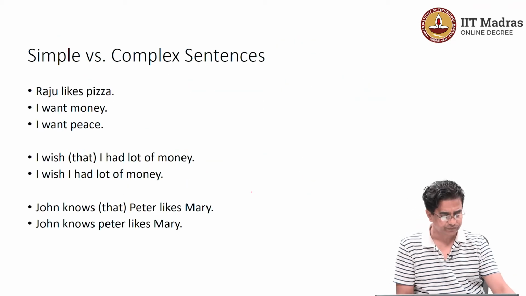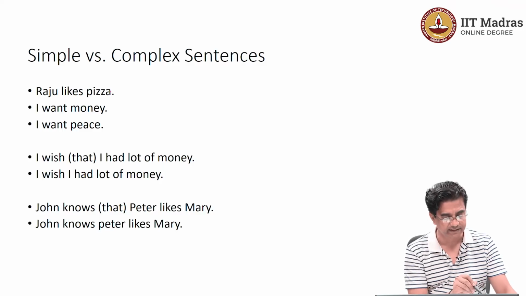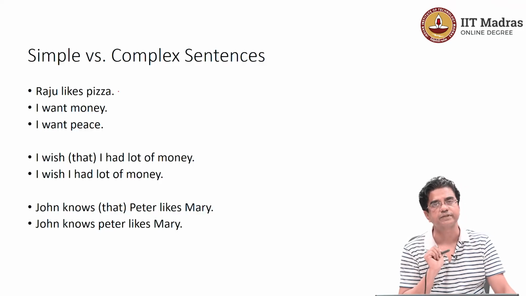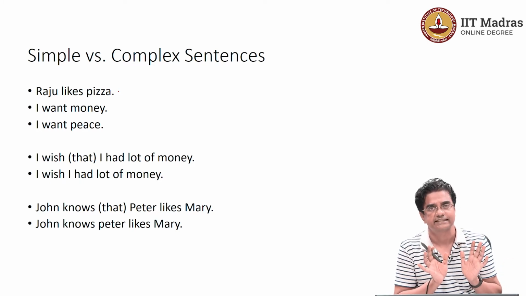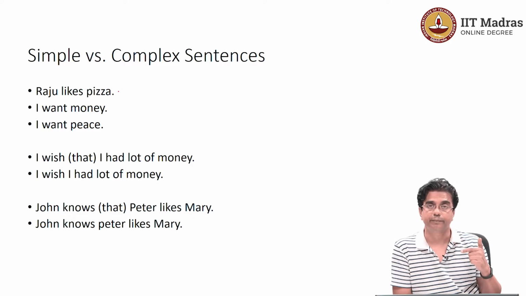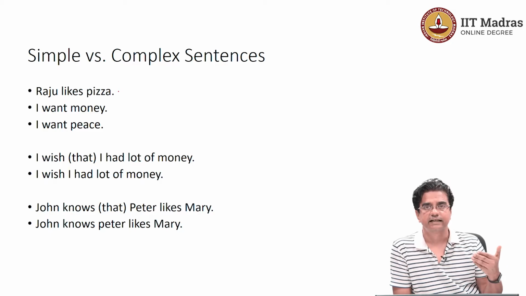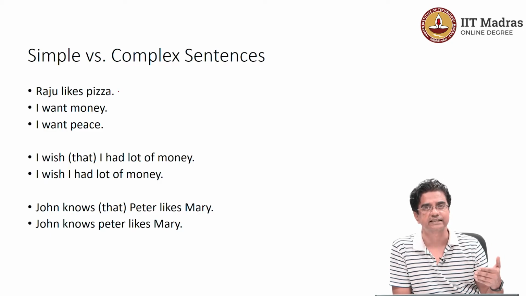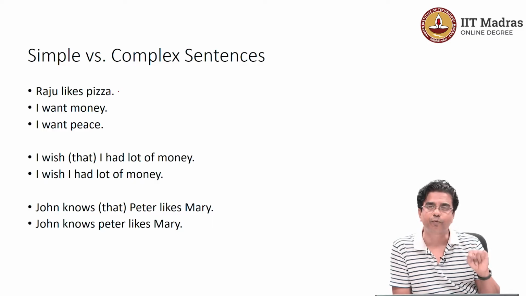So look at this. Raju likes pizza, an example of a canonical simple sentence, a very good looking, obedient, simple sentence. And remember, I am talking about certain intricacies of a sentence, therefore I am talking about these sentences out of context, just so that I could retain your attention to the bare point that I am trying to make.